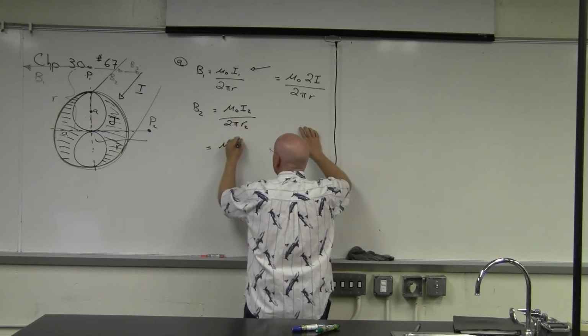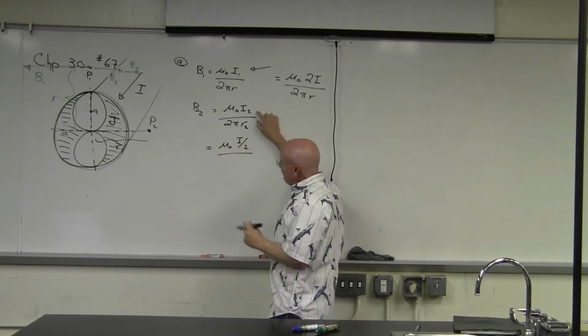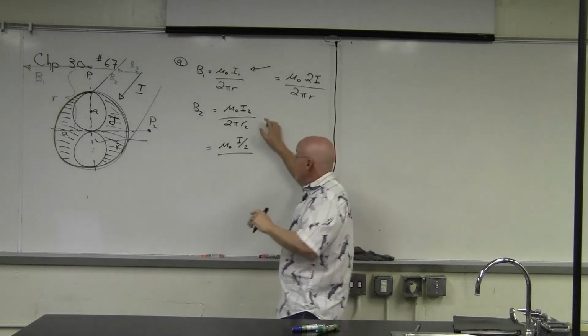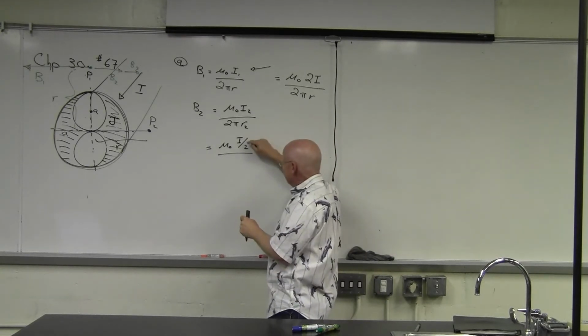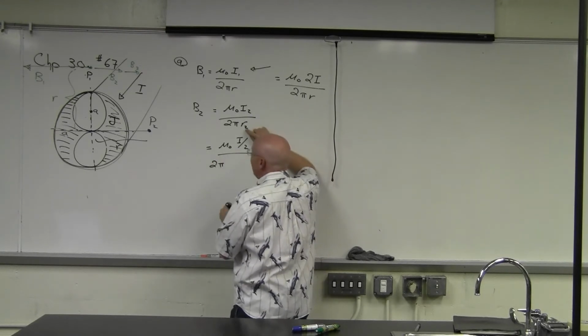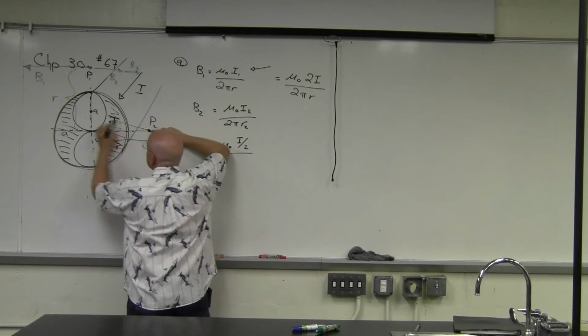But as we argued, current number 2 would have a value, and it would be going into the board. We'll talk about direction in a moment, but it would be going into the board, and it has this number. And then it's over 2 pi, and R2 then would be this distance.